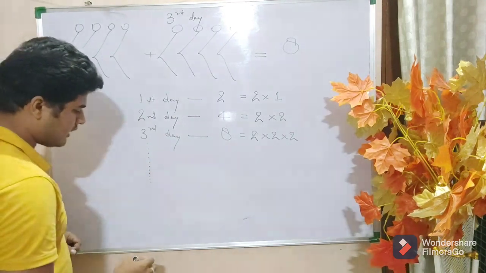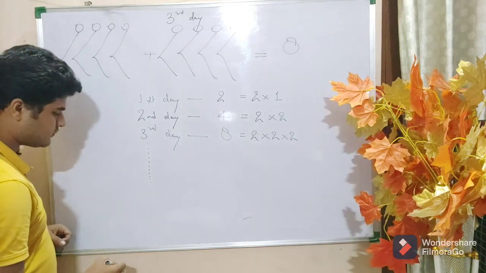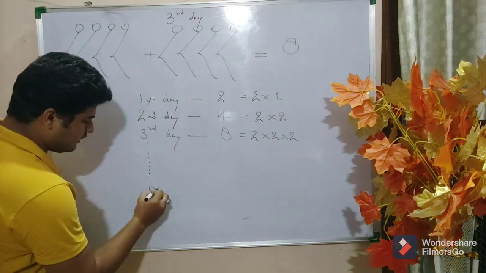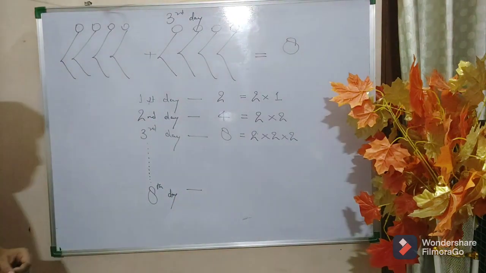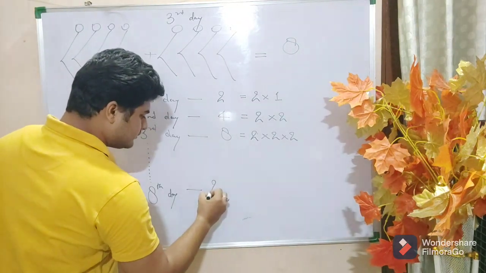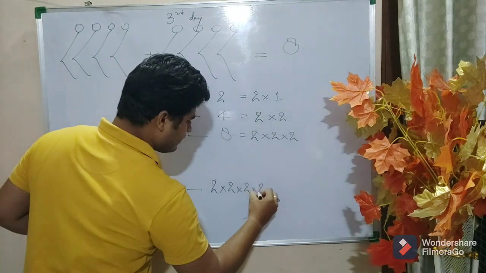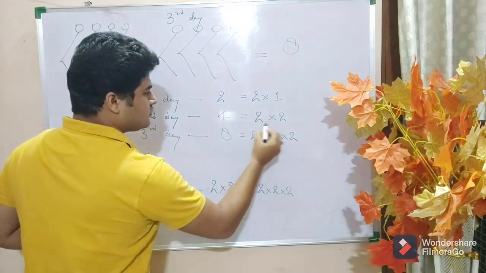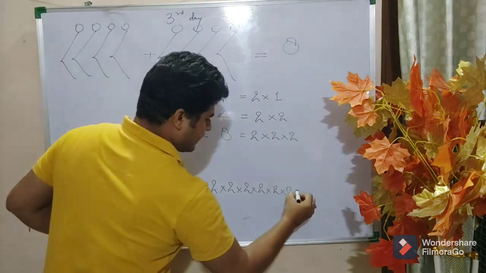Now suppose the government is asking you, and you are on duty to find out the number of corona patients, and they are asking how many patients there would be on the 8th day. So you'll do what? 2 multiplied by 2, how many times? 8 times, because first day 1 time, 2 days 2 times, 3 days 3 times, so 8th day 8 times.